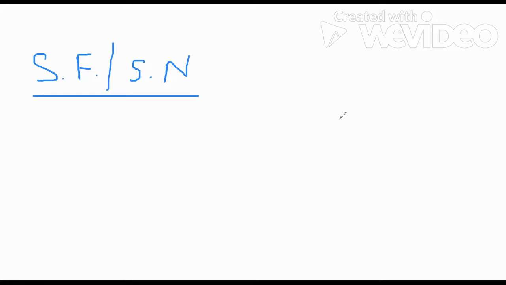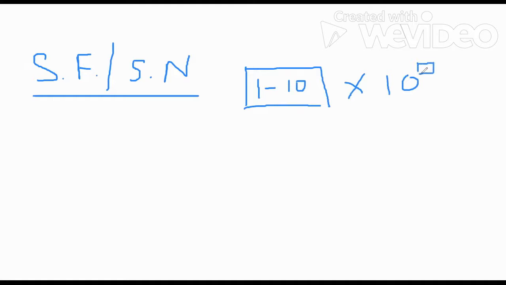So I'm expecting you guys to be writing. That notation is called scientific notation or standard form. All right? And this is the form. So basically, we have a number that's between 1 and 10 times 10 to a certain power. So this is standard form. So let me get an example.